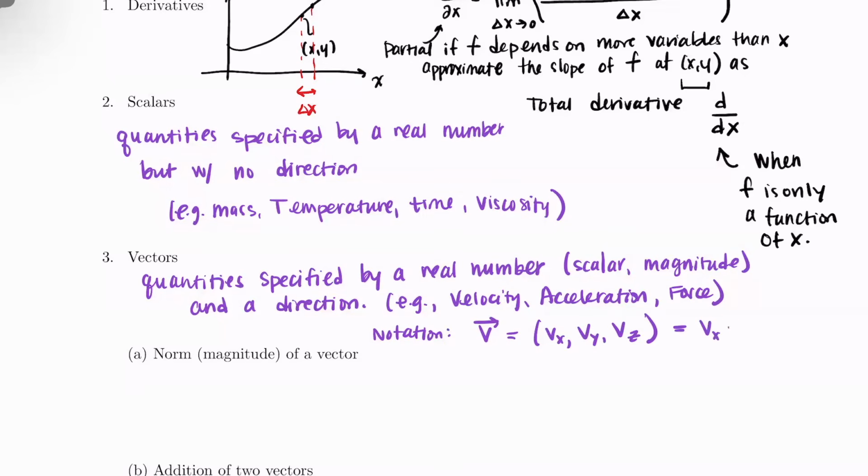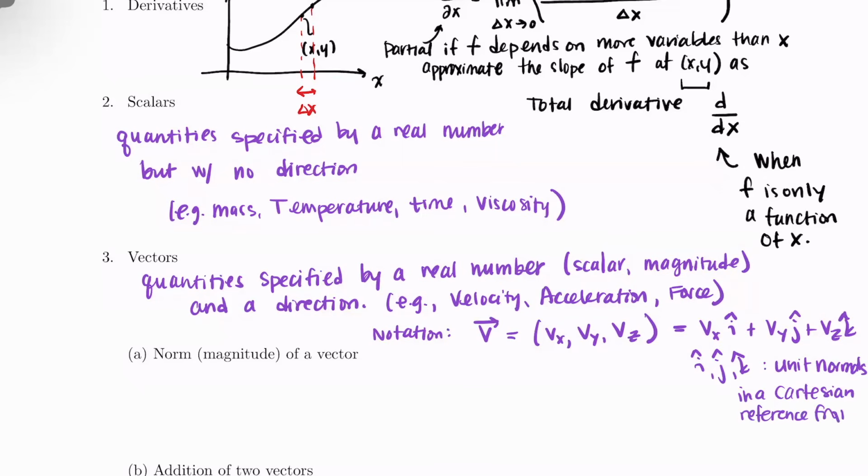So you have Vx i hat direction, Vy j hat direction, Vz k hat direction. All right, so i hat, j hat, and k hat are the unit normals in a Cartesian reference frame.